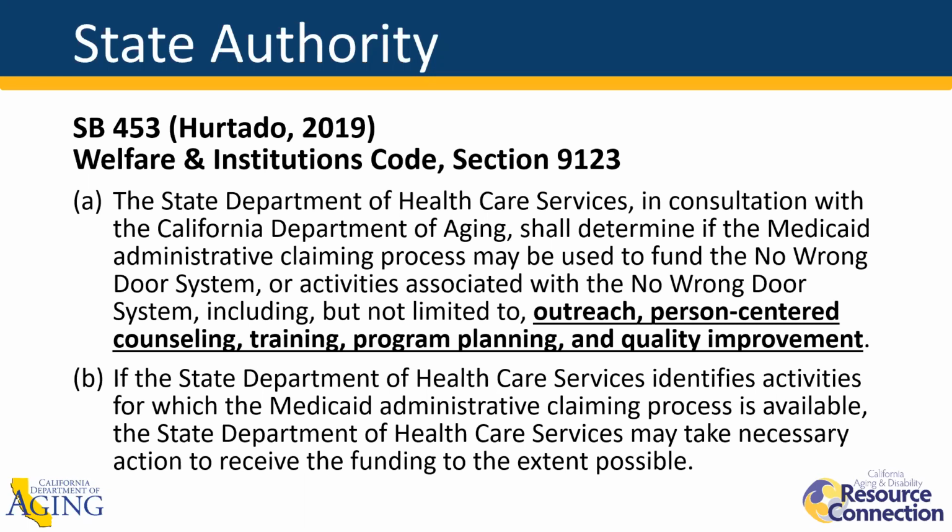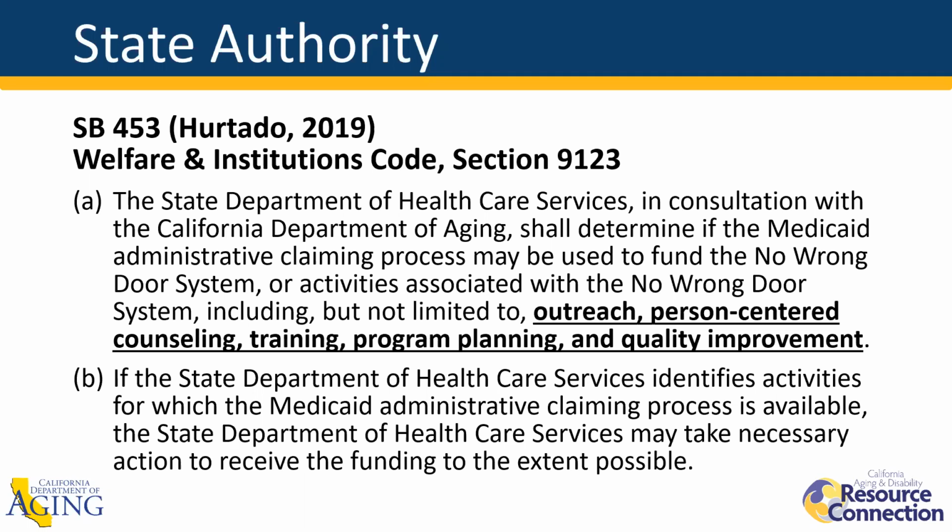So in 2019, there was a Senate Bill 453 that added a section into state law. And what Section 9123 of the Welfare and Institutions Code did was it directed DHCS to work with the Department of Aging to determine if MAC can be used to help fund the no wrong door system.